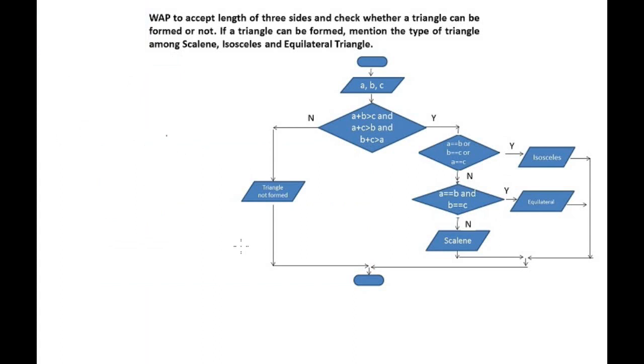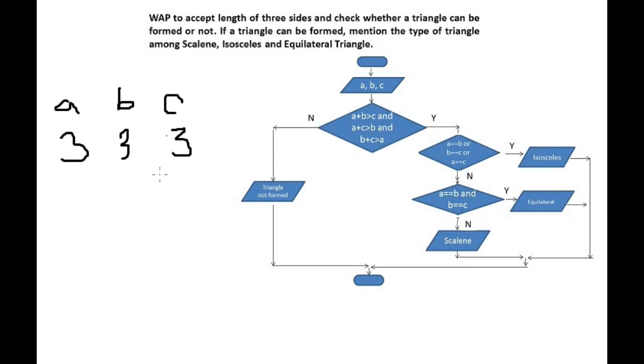Now what I have done, if you notice, I have taken the condition for isosceles triangle first and then equilateral triangle. Can I do that? No, I can never do it. The reason is, I am showing you a simple example. Let me consider the value of A to be 3, value of B also to be 3 and value of C to be 3.